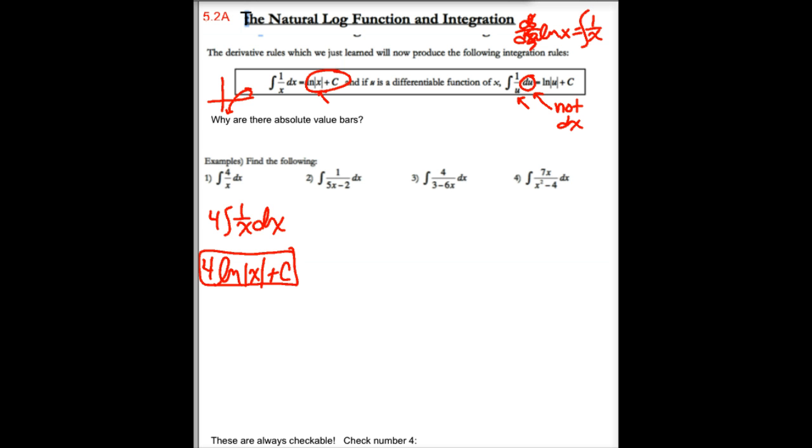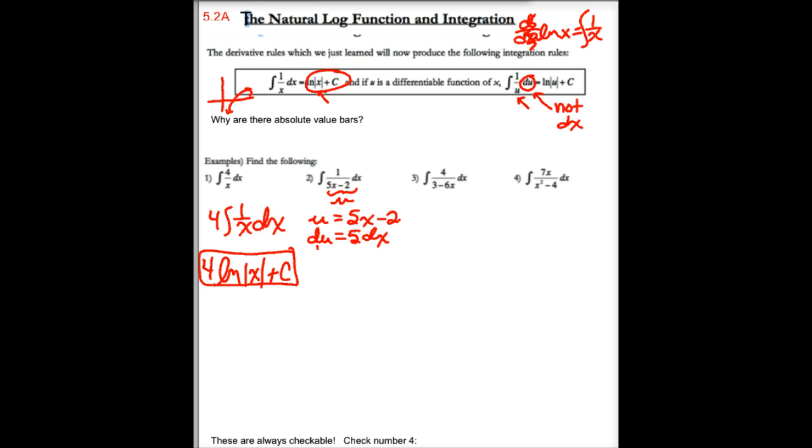Number 2, this would be my u, but that would be 1 over u dx. I need 1 over u du in order to use my natural log. So if u is 5x minus 2, then du is 5 dx.